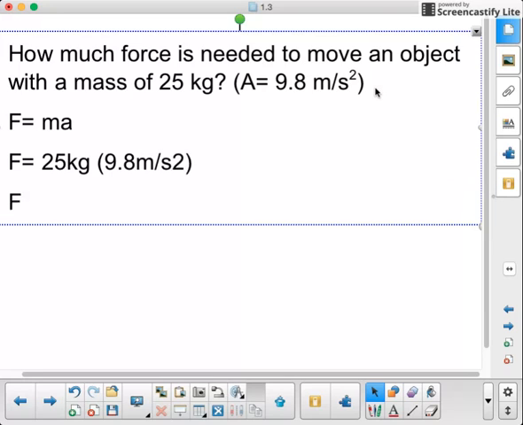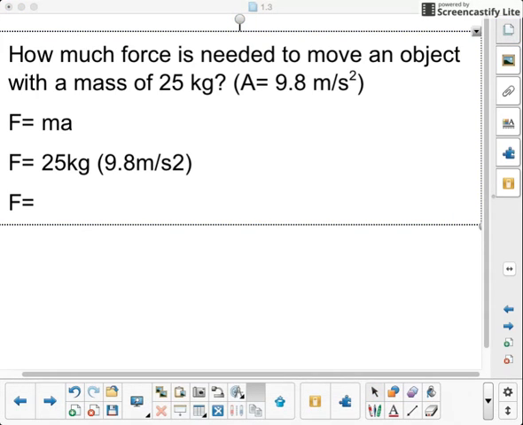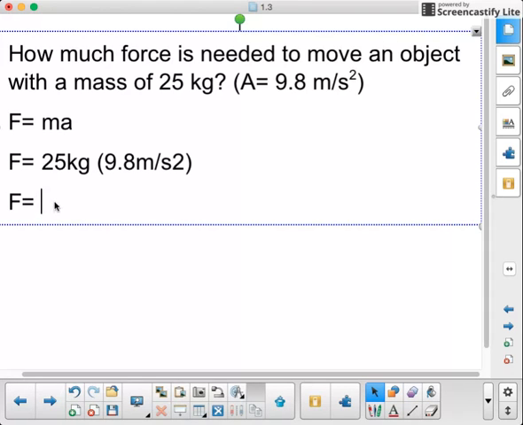And when I do the math, I find that F equals 245, and the unit of measurement for force is newtons.